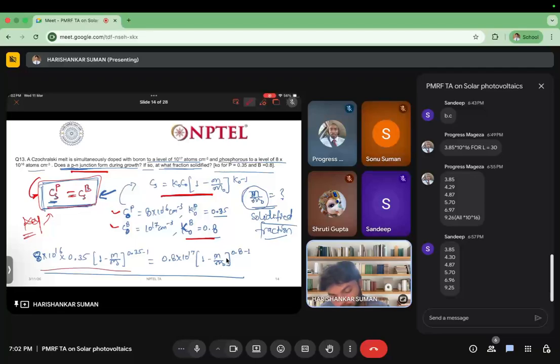So let me take phosphorus, this is 8 into 10 to the power 16, and K naught 0.35, and this is for boron, this is for phosphorus.